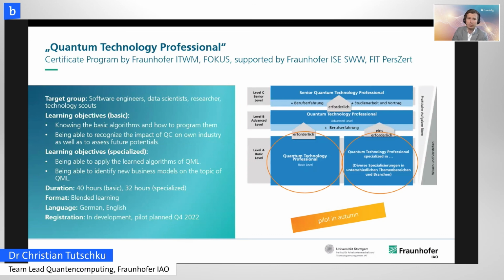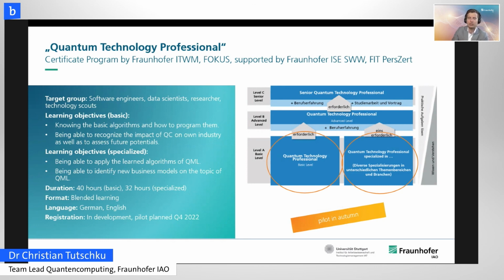And last but not least, we also have, starting in autumn, a certification program conducted by the Fraunhofer IDMT, and the focus is giving you the technology transfer or certifying quantum technology professionals for the technology understanding to become aware, and then also getting specialized mostly in the QML parts.